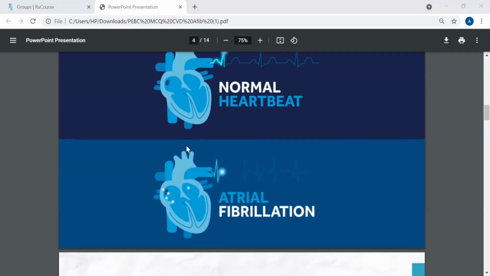Yeah, like briefly, the SA node will generate one impulse, and rather than going directly to the AV node, it will keep playing around here. Yes. And this is why the atrium will start to contract more than the ventricle, and the coordination is lost.